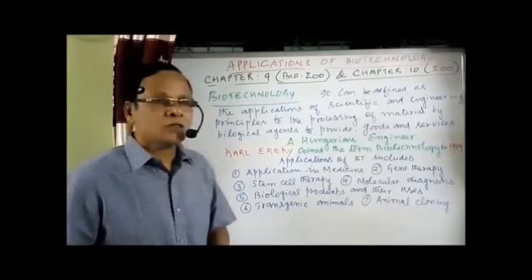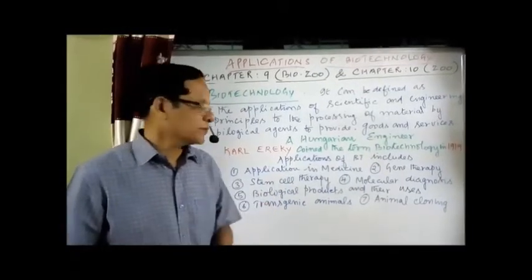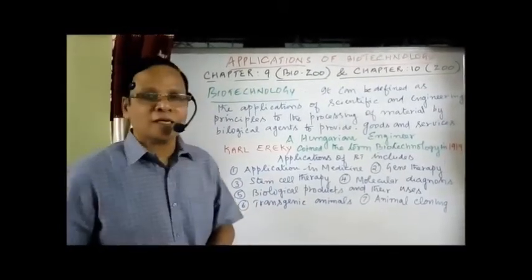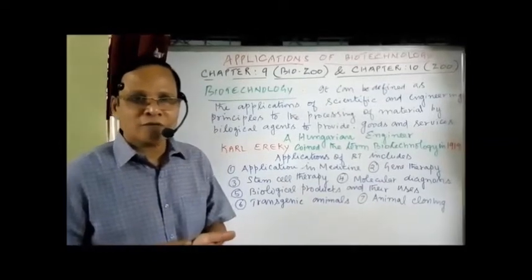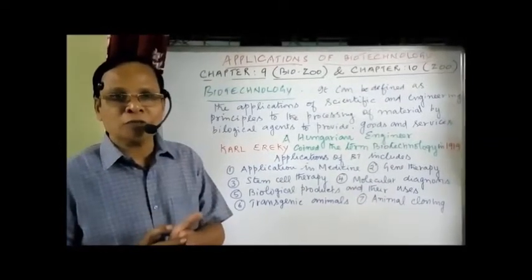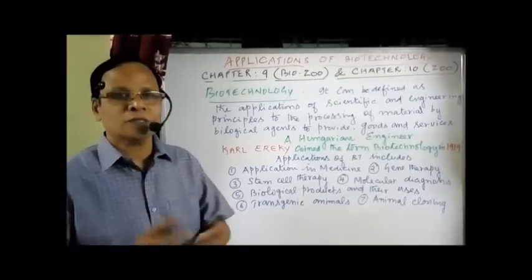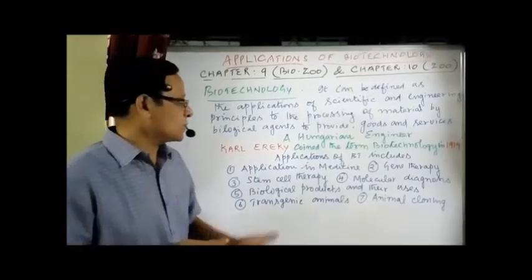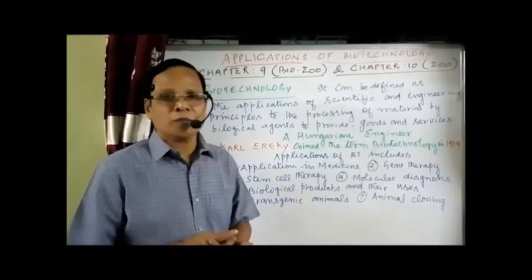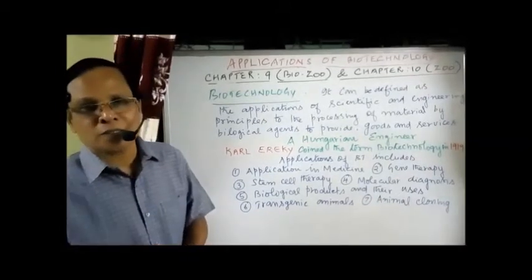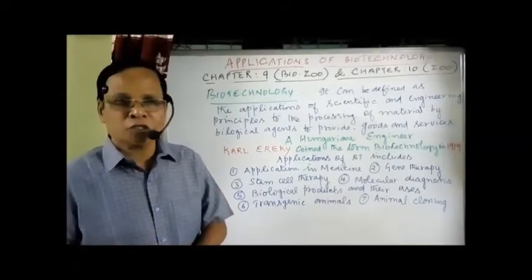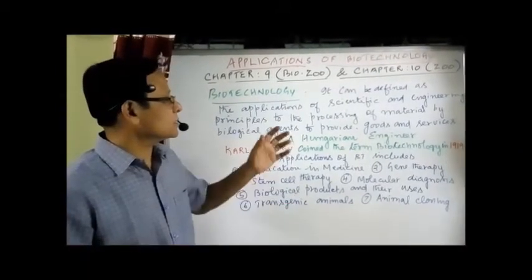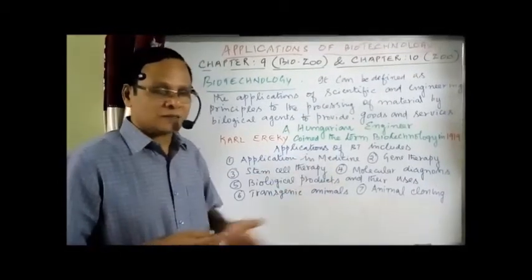Number 5, biological products and their uses. Number 6, transgenic animals, animals having their own genome along with the genome of some other organisms, for example golden rice. And finally, animal cloning, production of cloned animals, for example Dolly the sheep. These are all the things we are going to study in this lesson.